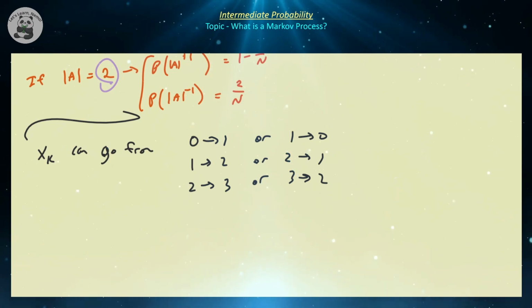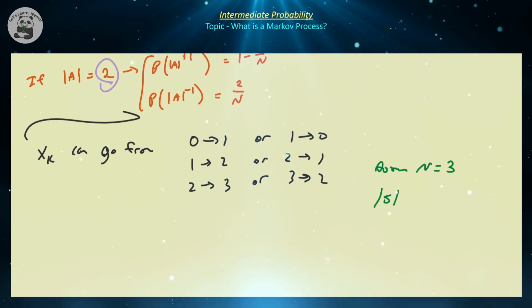So you should be able to clearly see that if N is equal to 3, the cardinality of our state space is actually going to be equal to 4, right? Because if our number of particles is equal to 3, well, maybe you should think about that for a moment before I tell you explicitly why. Either A contains 1 particle, 2 particles, all 3 particles, or no particles at all, right?